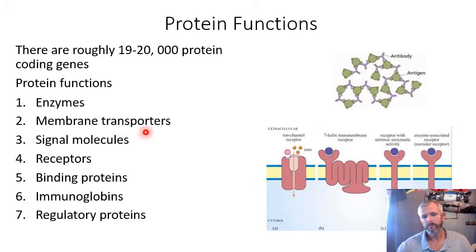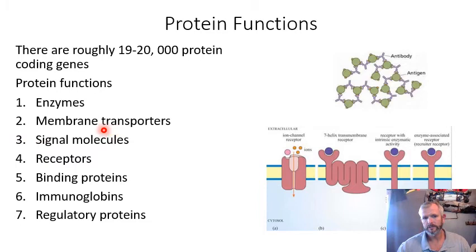First exam, membrane transporters. Okay, these are transporters that are in the cell membrane, embedded in there, allowing molecules to go in or out of the cell. Okay, we will spend a good amount of time talking about these because we will see them throughout the semester.